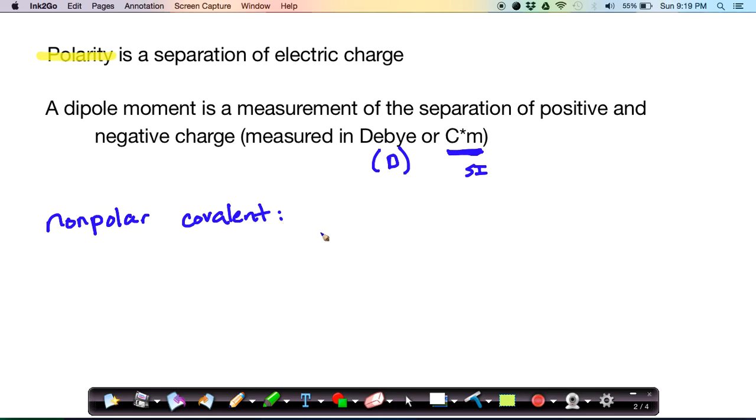We talk about a nonpolar covalent bond, so that was an electronegativity difference less than or equal to 0.4 Pauling. In terms of separation of charge, we don't really have any. So electrons are shared equally, but I'm going to put a qualifier in here. So we're going to say electrons are mostly shared equally.